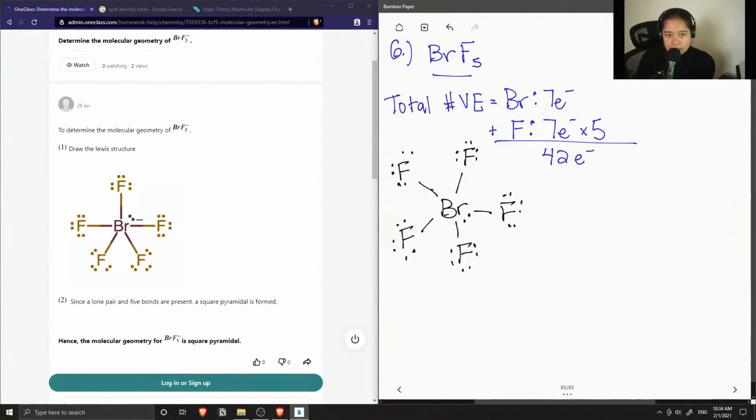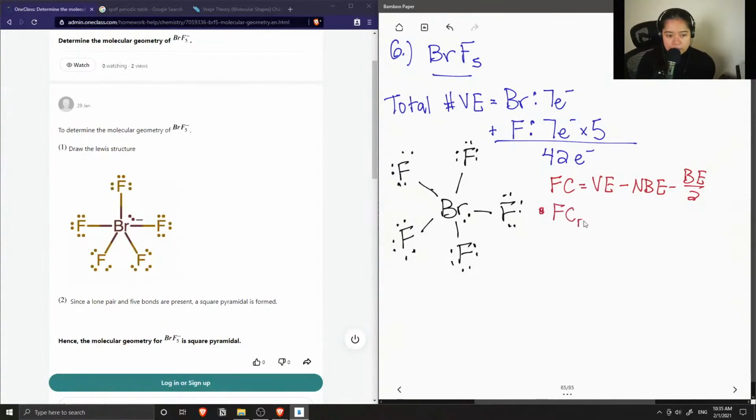So let's double check and find out the formal charge of the bromine. So the equation for formal charge is the number of valence electrons minus the number of non-bonding electrons, which are the lone pairs, minus the number of bonding electrons divided by 2.